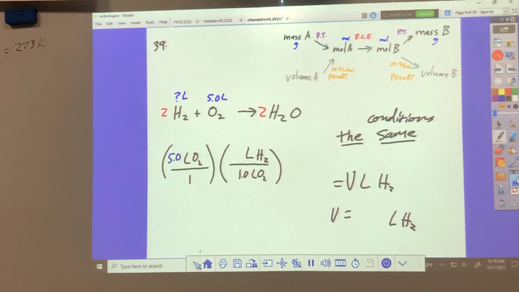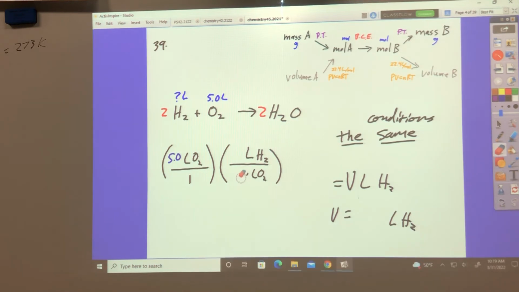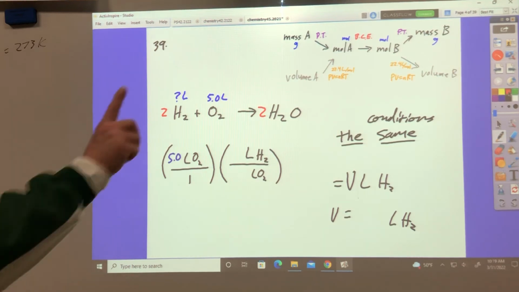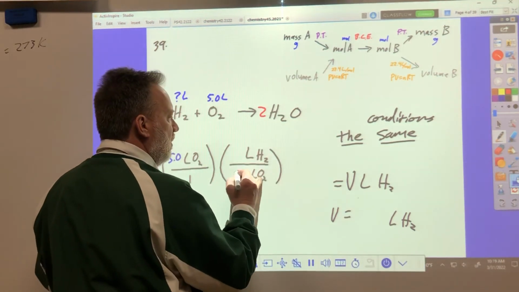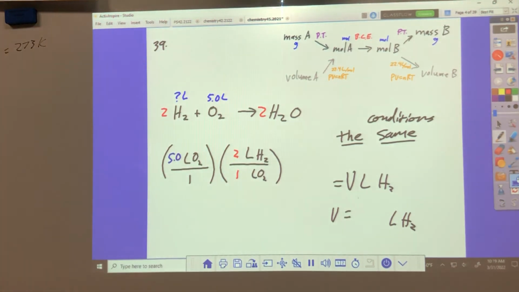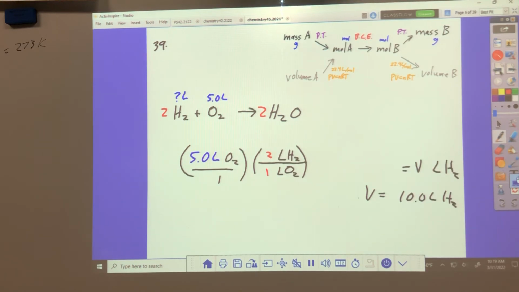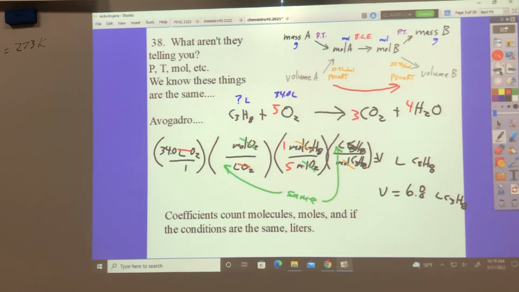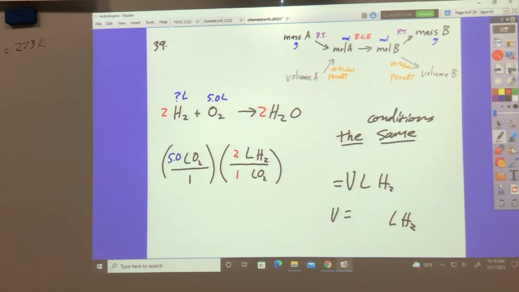Now I'm going to go ahead and make these numbers in red, because they're not just molecules or moles this time, they're actually volume, and I'm getting them from the balanced chemical equation. So every one of these is 2 of those. 5 times 2 is 10. So there's the first couple problems down. And by the way, yep, those numbers were the same there.